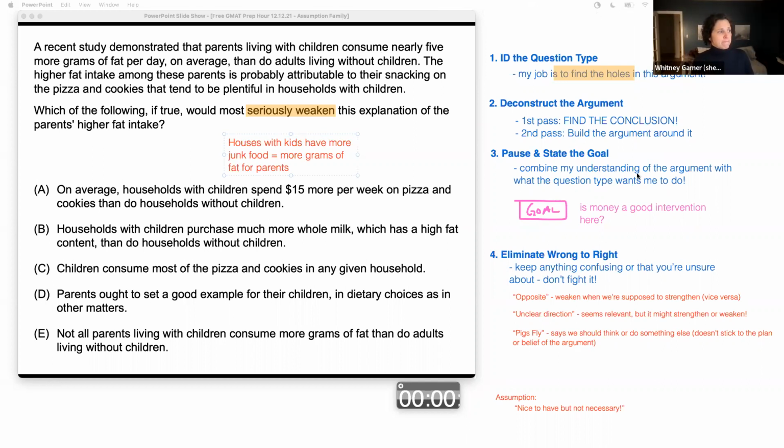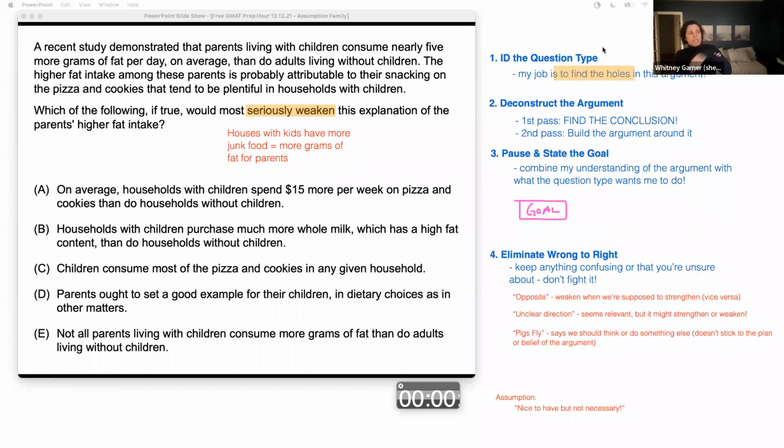Okay, great. So pause and state the goal. I want to weaken that. So here's where I take a moment and say to myself, okay, this argument thinks that it's these pizzas and cookies that are giving these adults extra grams of fat. I'm not going to take issue with the fact that parents are eating 5 grams more than adults in a home without kids.